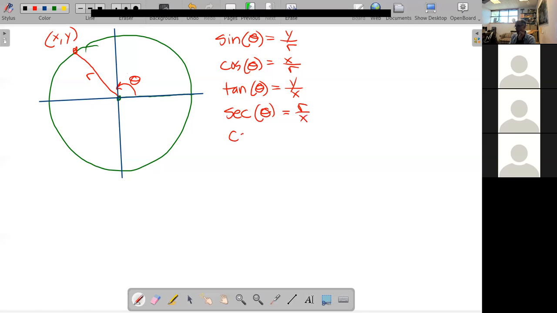We just found the cotangent function, and we learned that that is either cosine over sine, or it's the flip of the tangent. I like the flip of the tangent because then we can just say, hey, it's x over y. And then cosecant, which we learned is the reciprocal of the sine. So instead of y over r, it should be r over y.